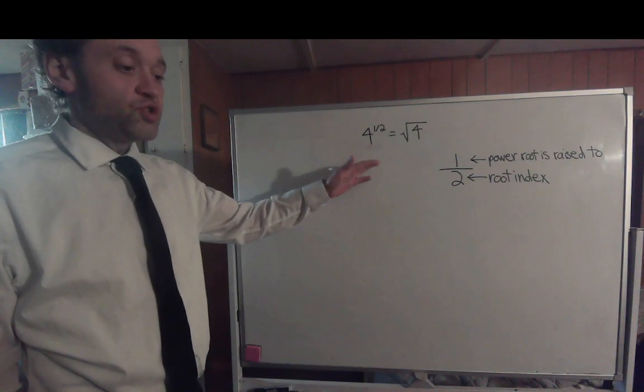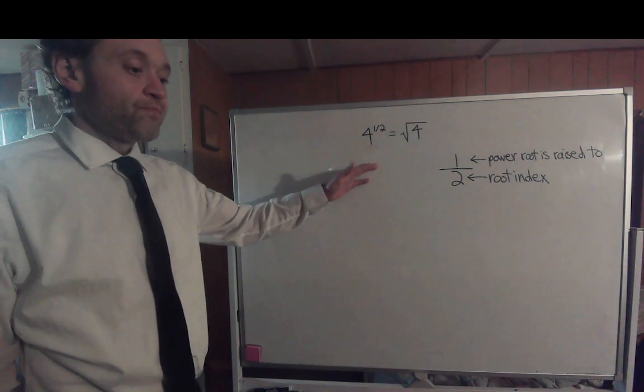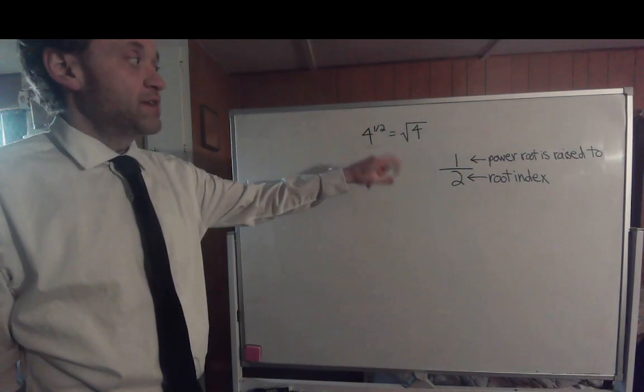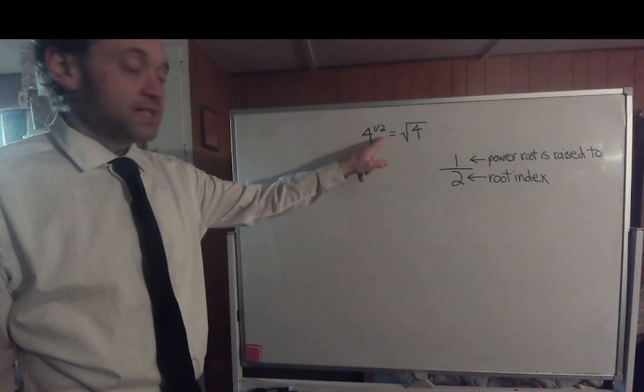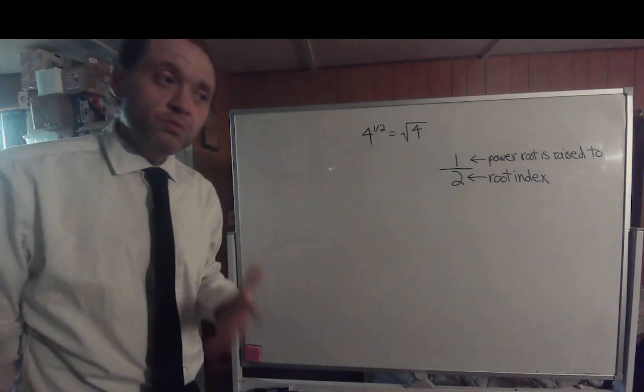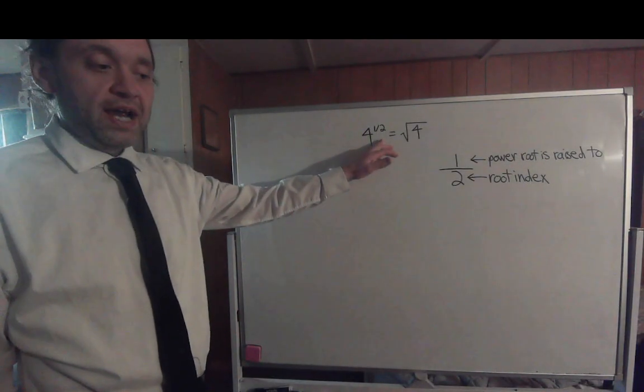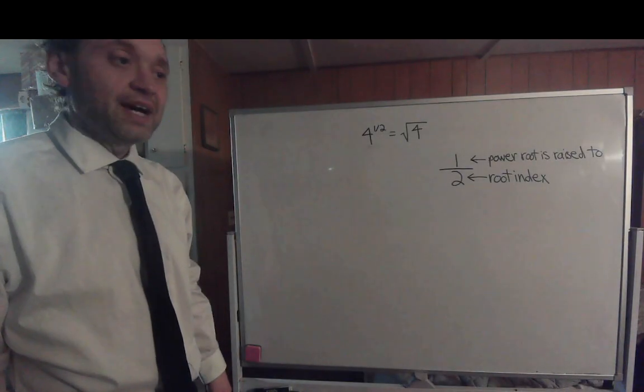But sometimes what you will see are exponents in fraction form or in decimal form. So what does it mean when you have that? Well, take 4 to the 1/2 power, for example. What the heck does that mean?